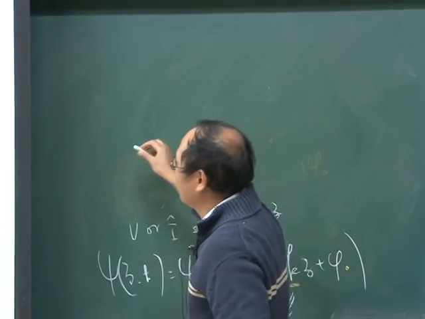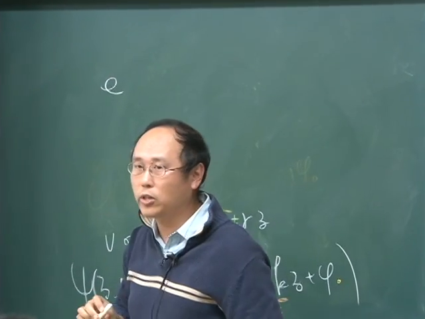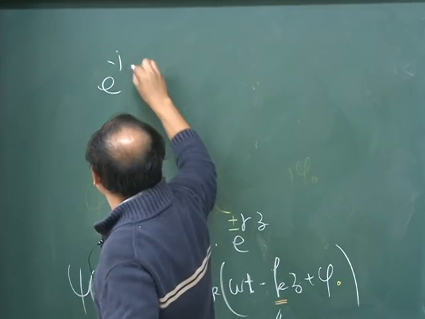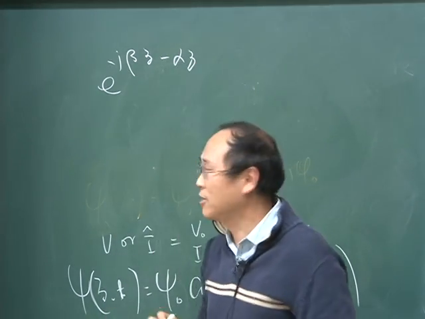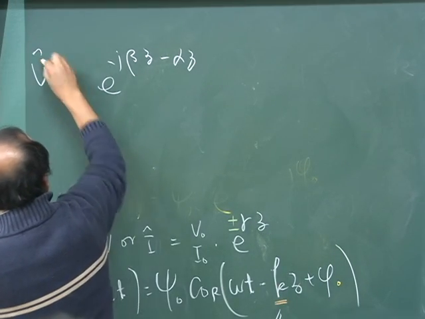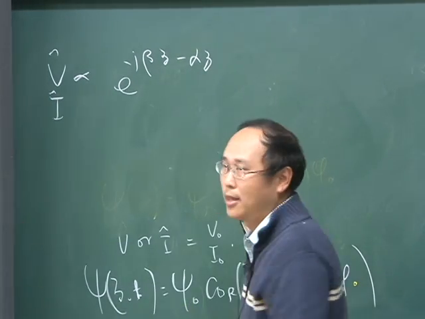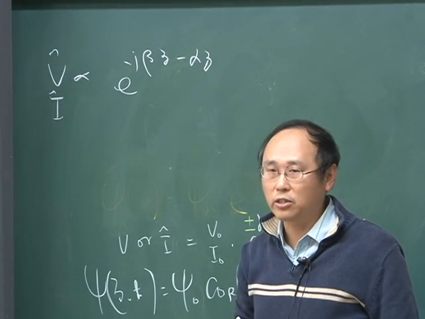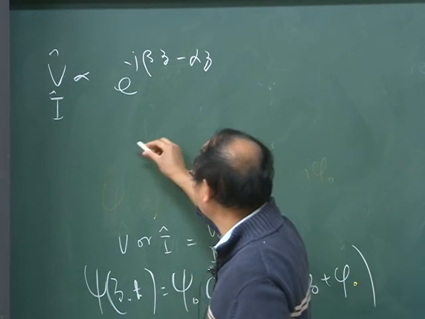OK，我们来看一下这个，如果说 let's just pick up one solution. Okay, minus j beta z minus alpha z. If I have a voltage or current proportional to this term, and then I want to see how the real parameter will change. How do I do it?